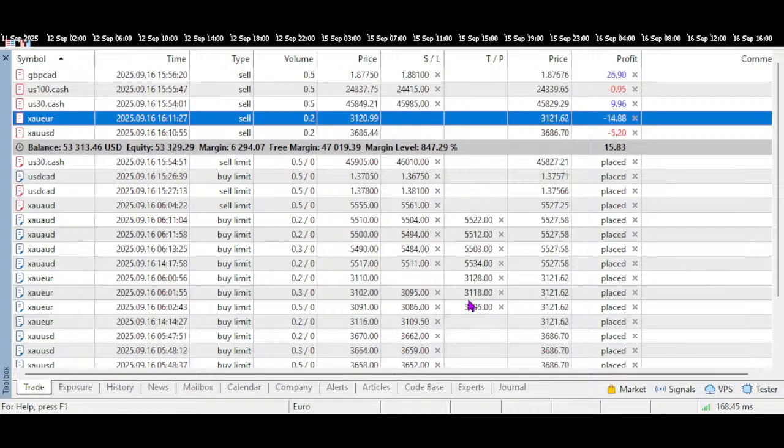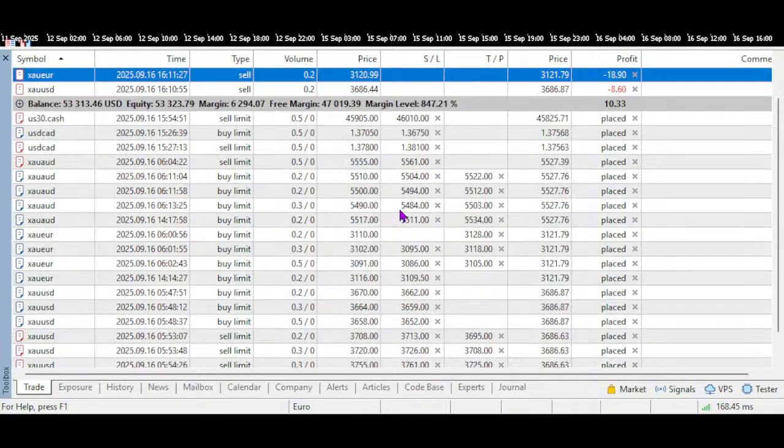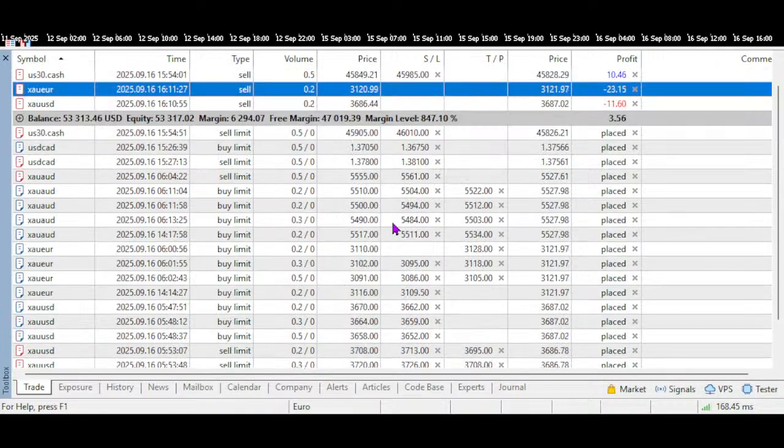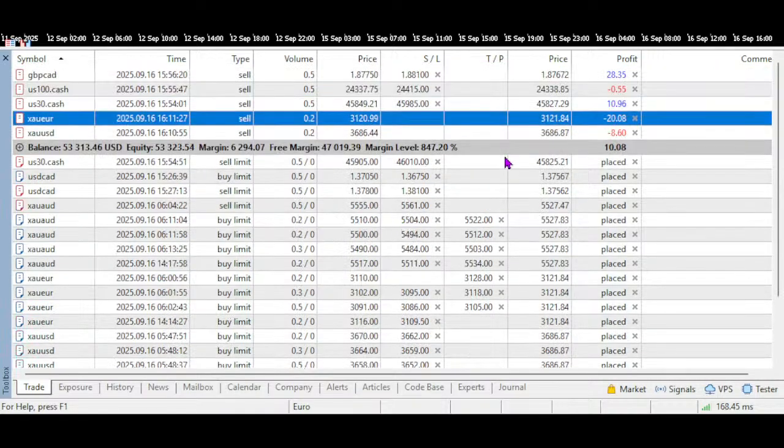I believe we have some buying orders, so I think we need to make the adjustments. Now we have to put a stop for this. Let's put a stop for the gold euro at 34.5. Hold on.